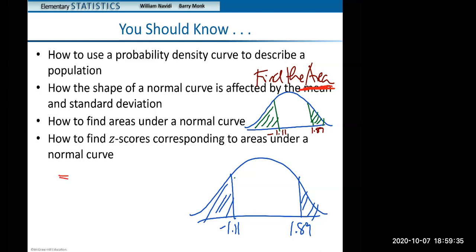Or also, we're going to use normal CDF. You can use that, Telma, if this is your lower and this is your upper. You can use that, but you have to subtract it from 1.